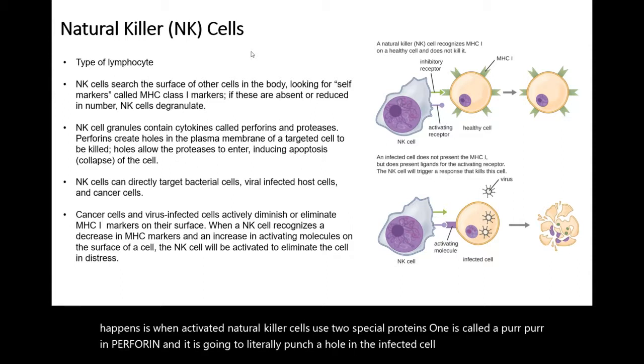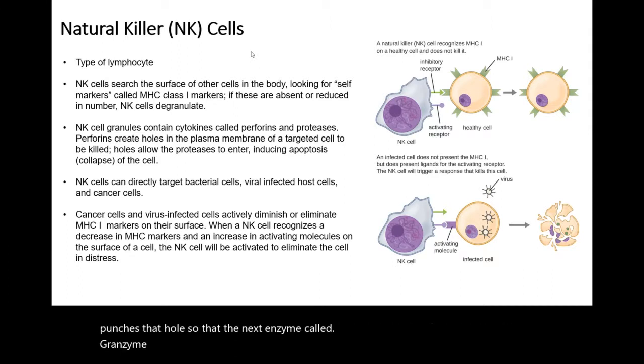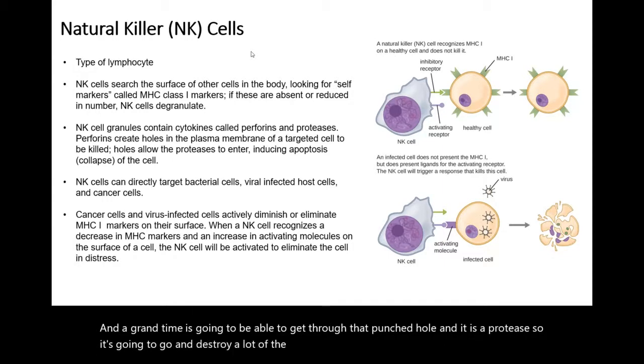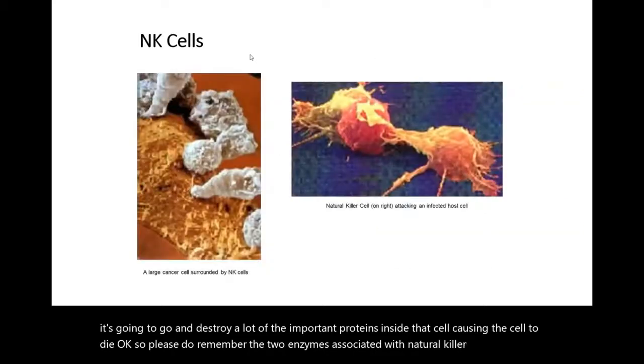And it punches that hole so that the next enzyme called a granzyme is going to be able to get through that punched hole, and it is a protease, so it's going to go and destroy a lot of the important proteins inside that cell, causing the cell to die, okay? So please do remember the two enzymes associated with natural killer cells.